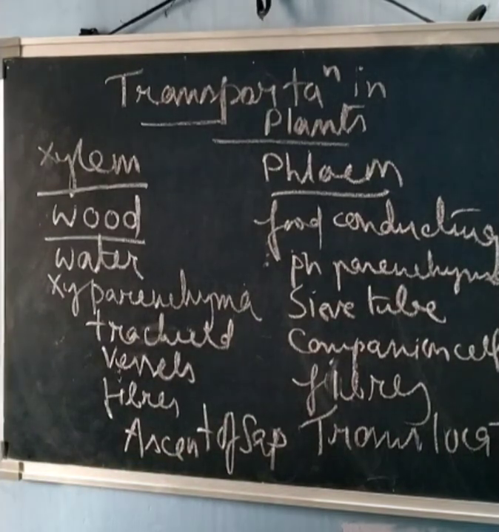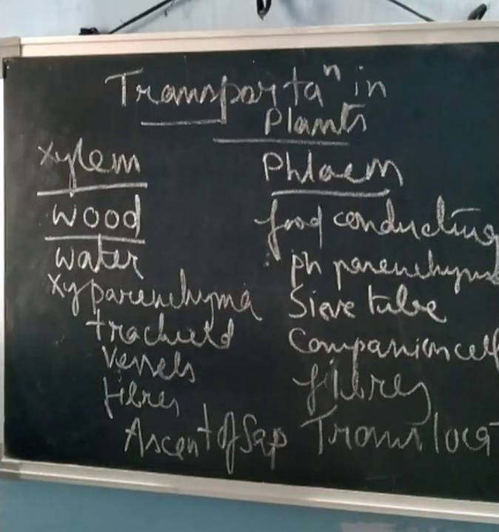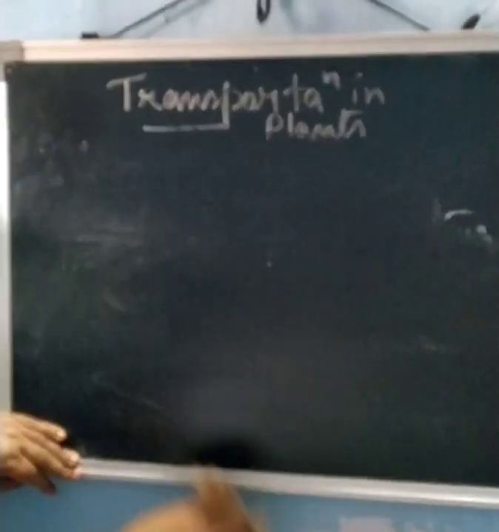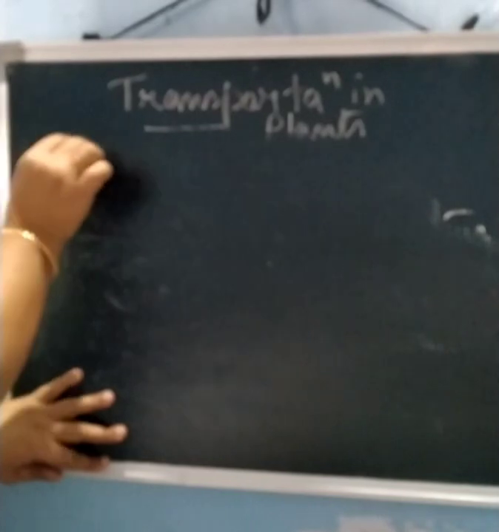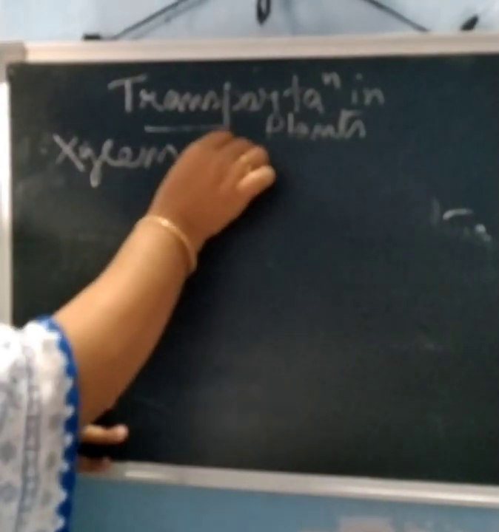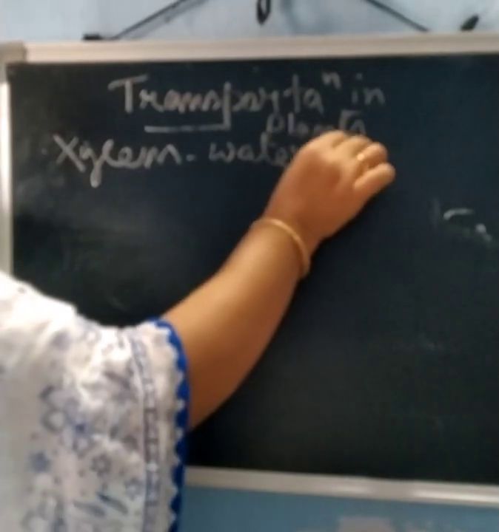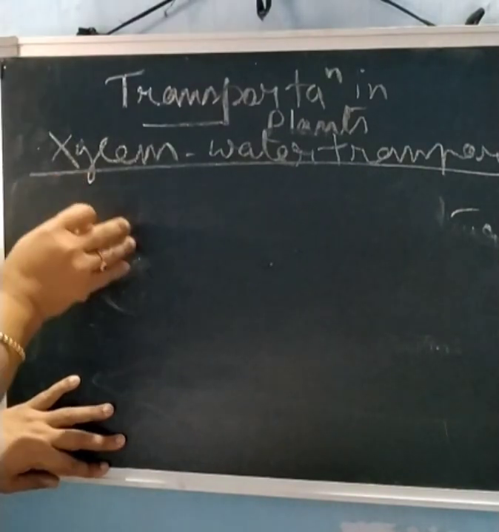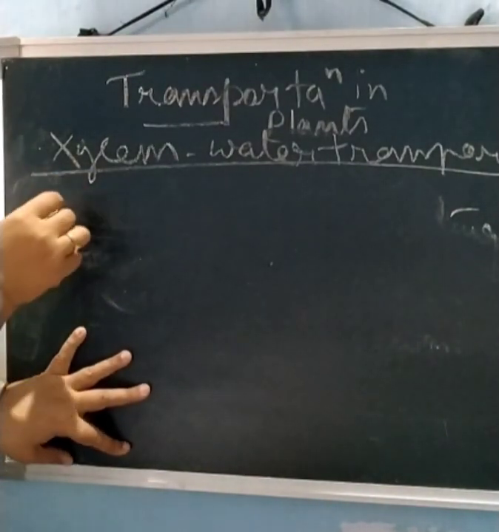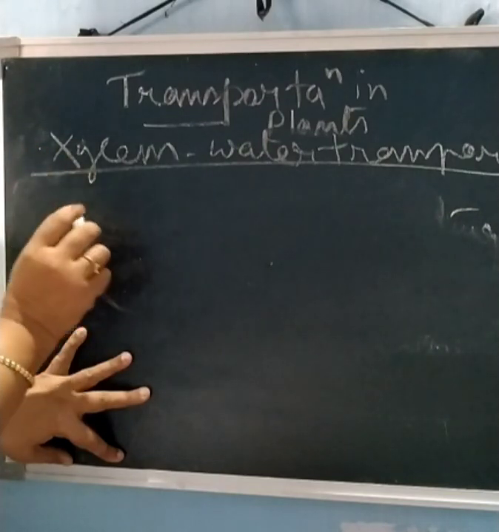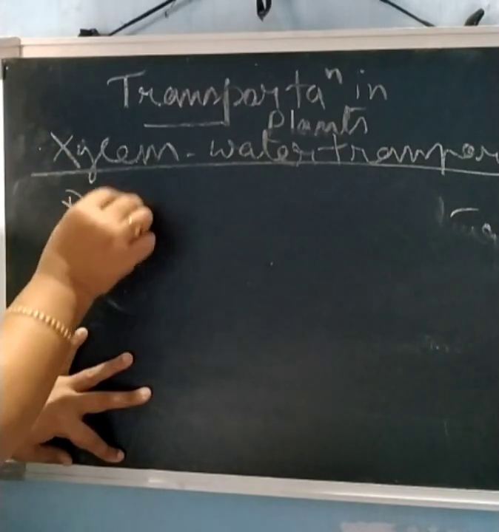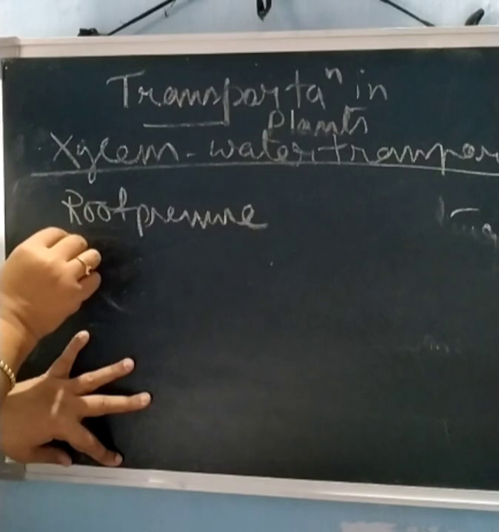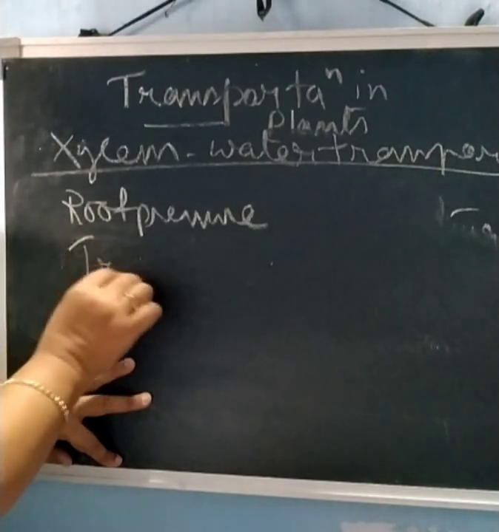Next we will come to the mechanism of water transport through xylem. Now the water transport mechanism involves certain theories, and the most applicable theories are root pressure and transpiration pull.